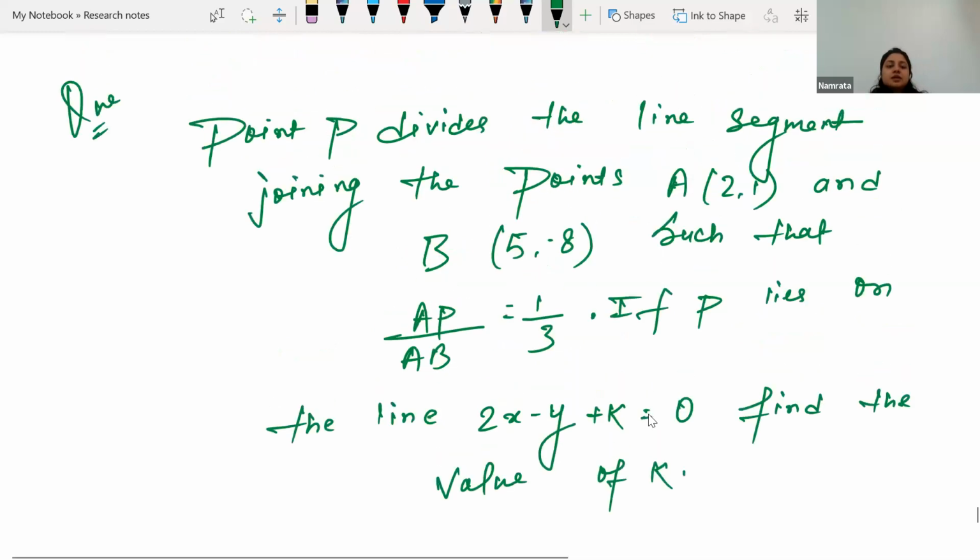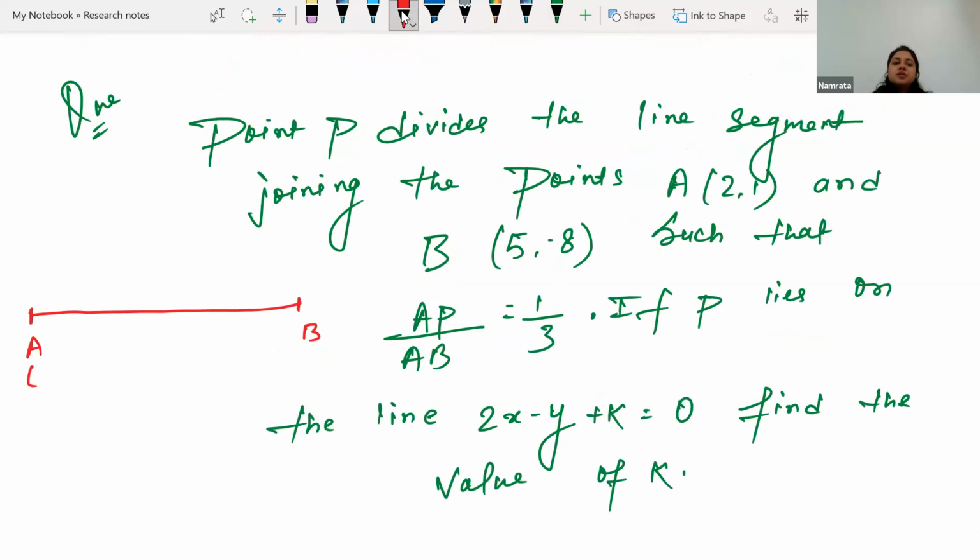Okay, let's read it. Point P divides the line segment joining this point and this. There is a point P, just like the previous question. We are having a line segment AB. Here the coordinates are also given, that is 2, 1 and 5, negative 8. Point P is dividing the line segment.